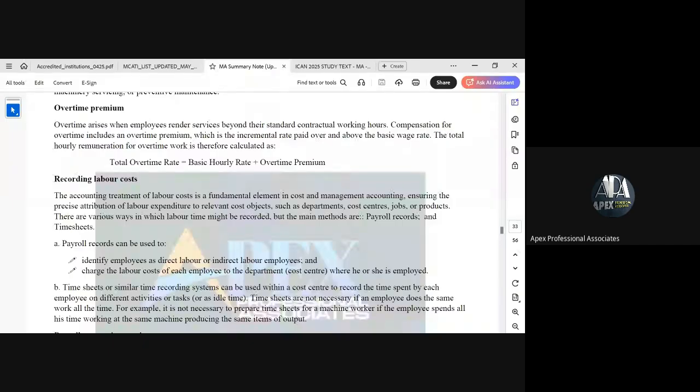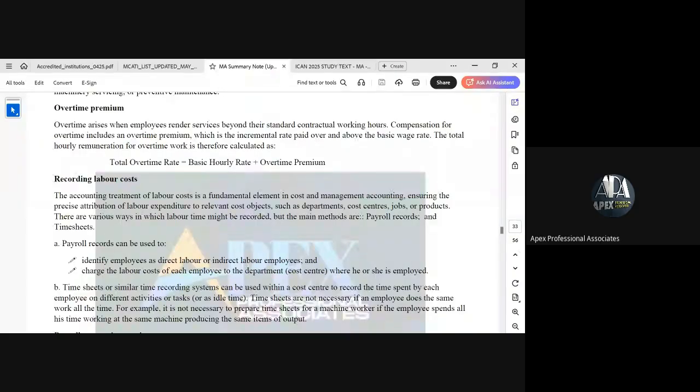And then you charge the amount that each person is supposed to get to their name. Do you get what I'm saying? Using payroll, you identify all your employees, categorize them into direct and indirect labor employees, then look at the amount each person is supposed to get based on the calculation we just did and post it in front of their name. You can also use timesheets.